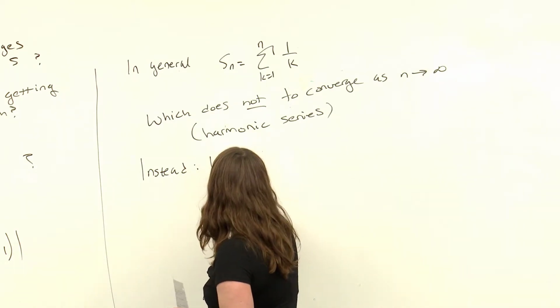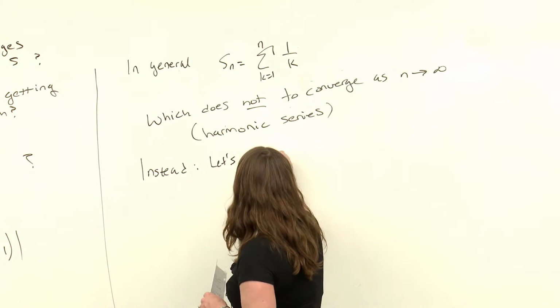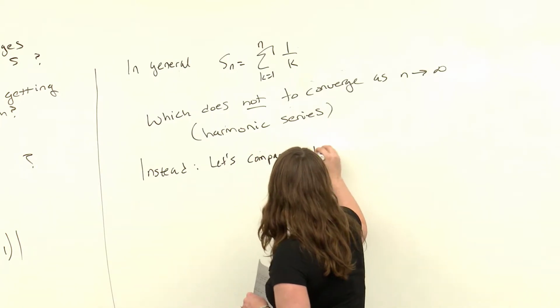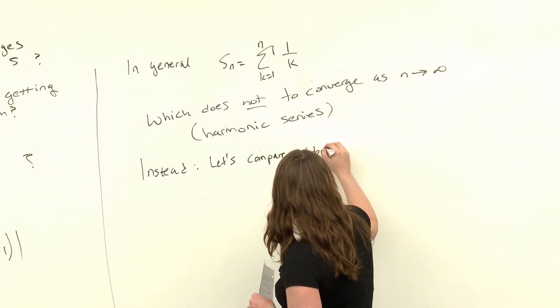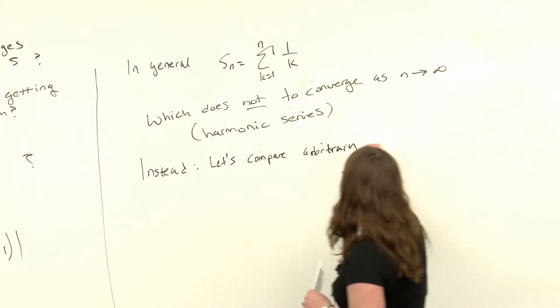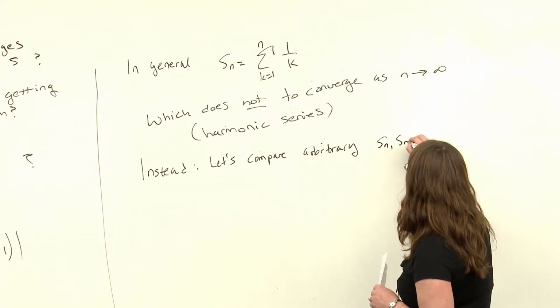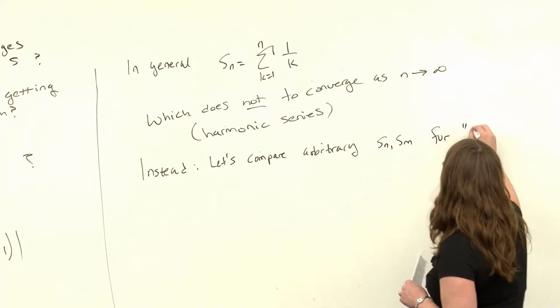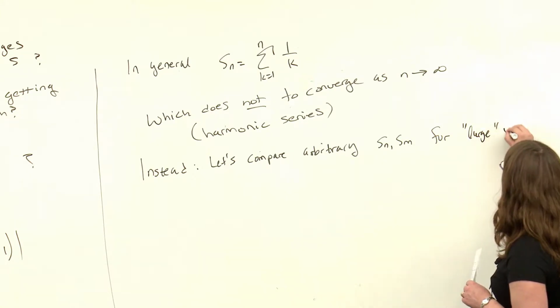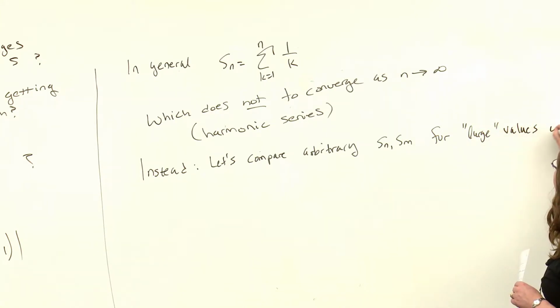Let's compare arbitrary Sn and Sm for sufficiently large values of n and m.